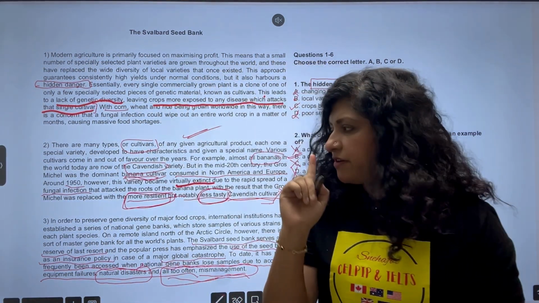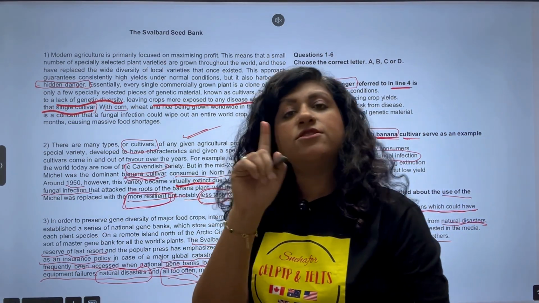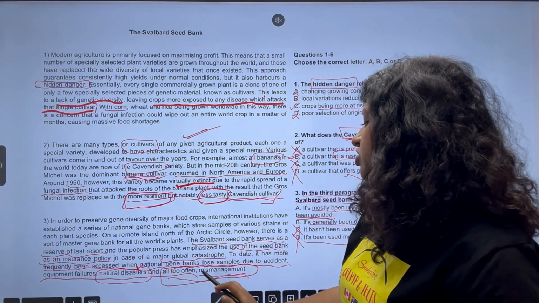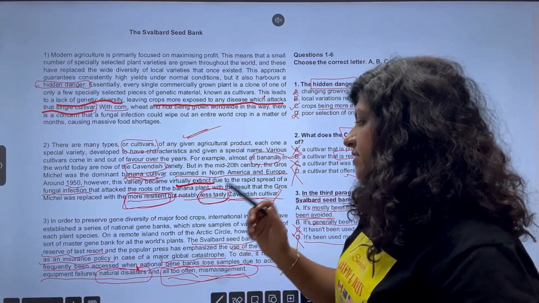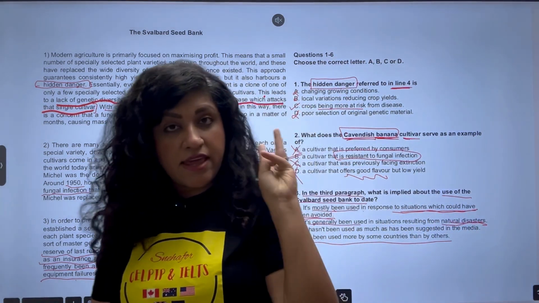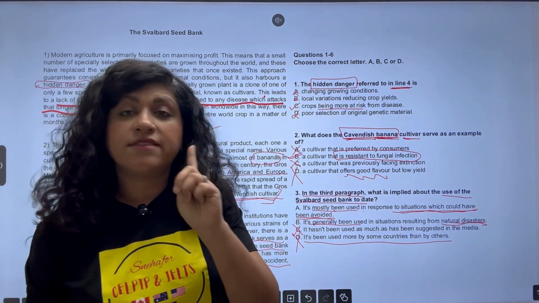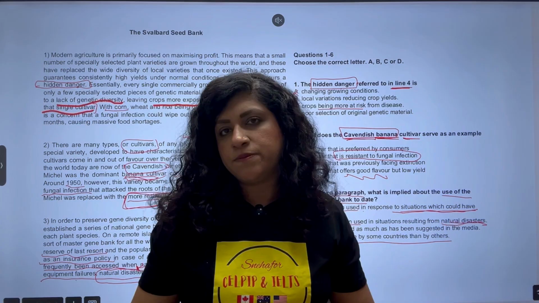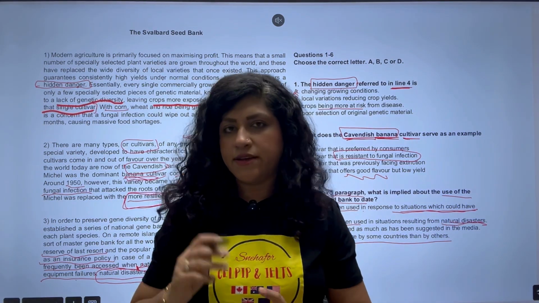Yes, it's generally used in natural disasters, but that is not the only thing. There are other things as well. When national gene banks lose samples due to accident, equipment failure, natural disaster, these are the three things. And option B only says natural disasters. So that is why this cannot be the correct option. A is going to be the correct answer.